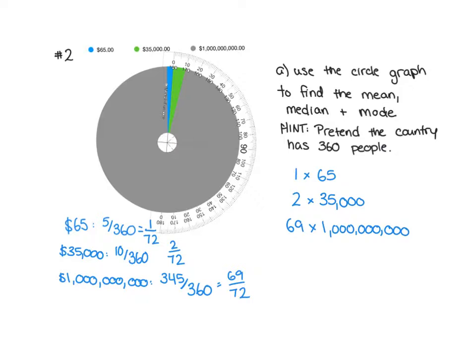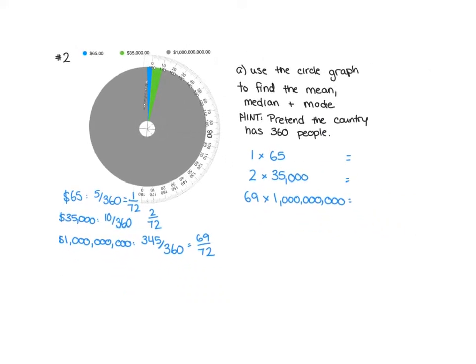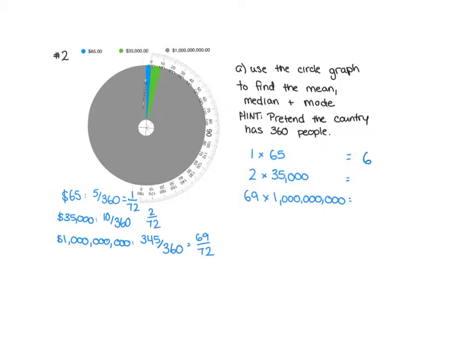So if we were to multiply these out, that should give us 65 plus 70,000 plus 69 billion.